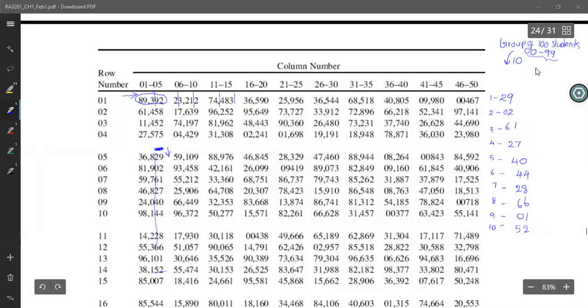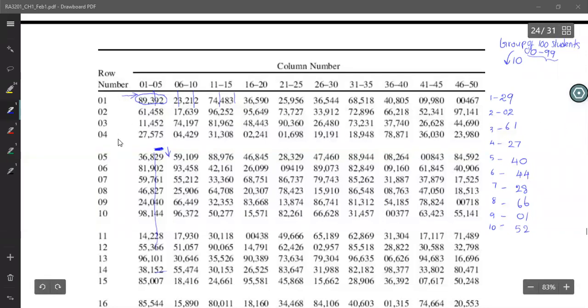So you have all 100 students. Their index numbers will be 0, 1, 2, 3 up to 99. Out of these 100 students, you have to choose only 10. So you have to pick the 10 index numbers, and the students belonging to those index numbers will be in your sample.